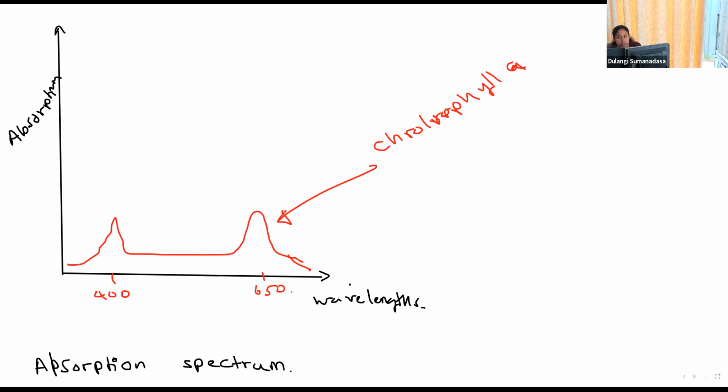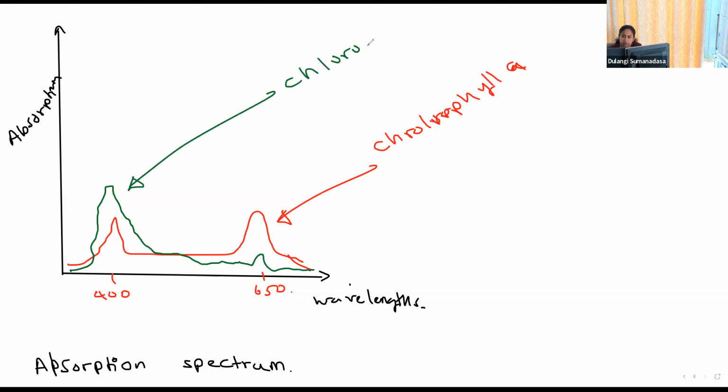But it is not just the chlorophyll A that contributes. There are other accessory pigments. Chlorophyll B, as an example, is going to absorb at a different wavelength. This is the chlorophyll B's absorption. Just draw whatever graph, no need for the shape. You don't have to memorize these graph shapes. And then carotenoid is going to absorb at a different wavelength.